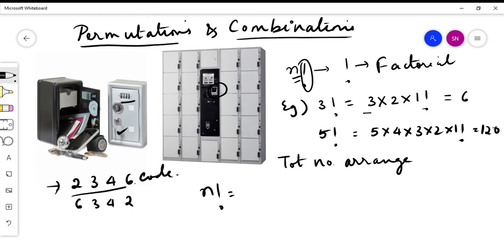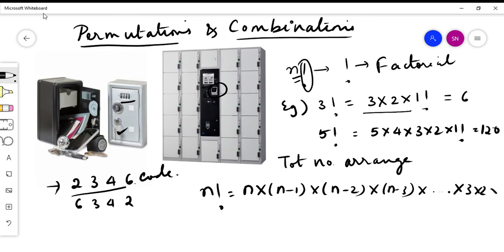With this particular example, we all know that in factorial notation we take values in decreasing order and multiply them, and the ending number will always be 1 factorial. So in general, how can I write the values? You start with n, decrease the value, n minus 1 into n minus 2 into n minus 3 into dot dot dot into 3 into 2 into 1.